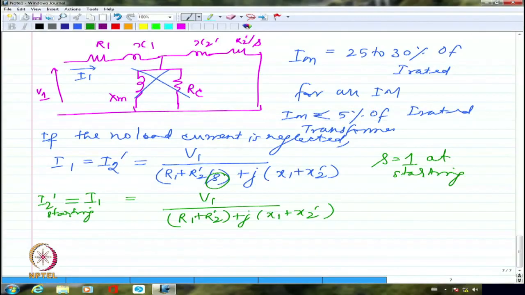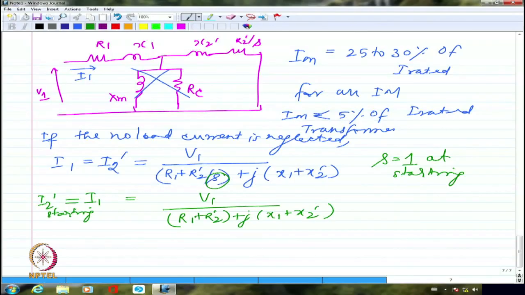I can attach three-phase resistance and increase the overall resistance of the rotor if I want. R2 dash is the inherent rotor resistance. I can always add an external resistance and increase the overall resistance to start with, which means I will definitely get a reduction in the current.